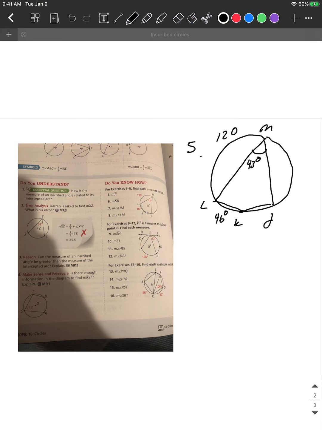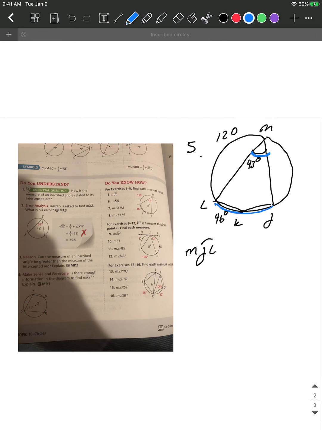First of all, the question is asking us to find the measure of arc JL. So we're actually looking at this whole outer piece here. We want to find this, and it turns out to be this inner piece here. So we can just use the formula that we already had.